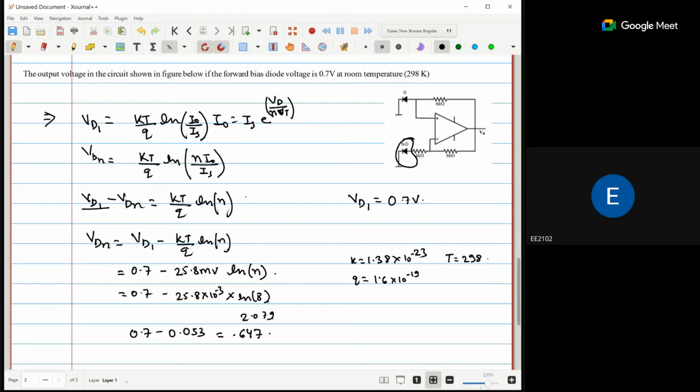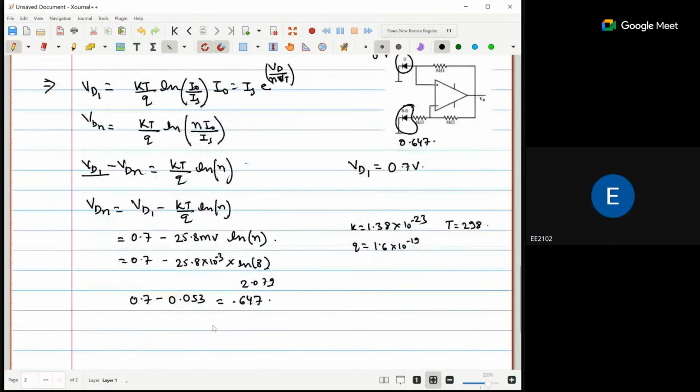Now VD, I just say that this is 0.7 and this is 0.647. After that we apply the formula. So this is my voltages, and I just apply the superposition.